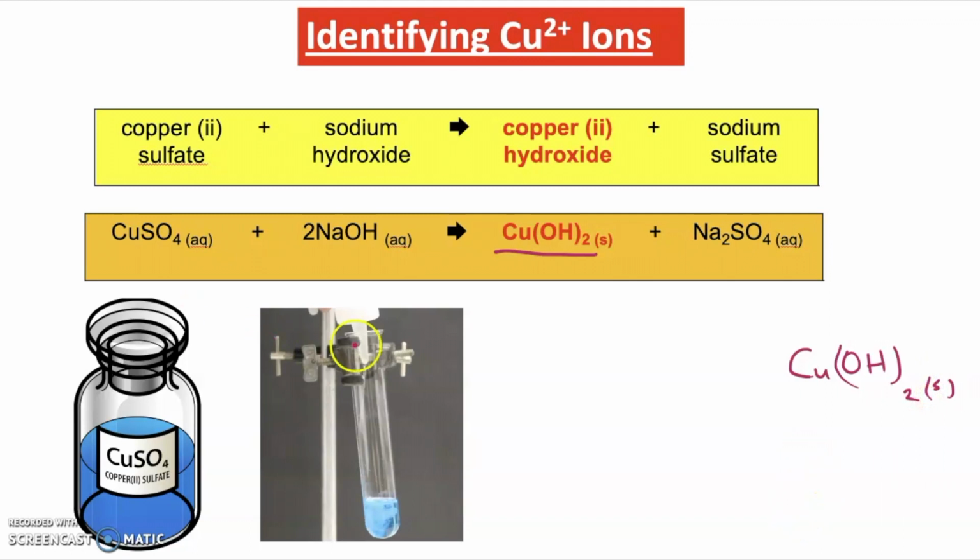So I'm going to write down the 2 ions that form copper hydroxide. So the 2 ions are Cu2+ and OH-. I'm going to write these ions down in the equation, and you can see I've got 2 OHs, so therefore I must have 2 OH- ions.